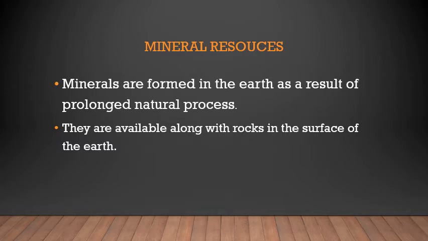It is millions of years ago, millions of years of natural process takes place. A lot of pressure and heat is put on the mineral for its formation. The best example for pressure and minerals is the diamond and the coal.